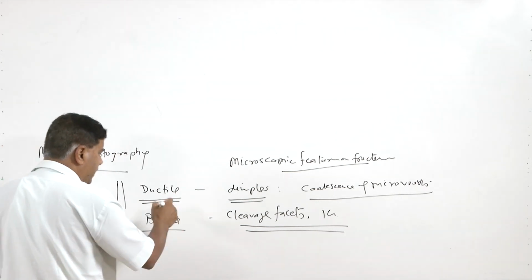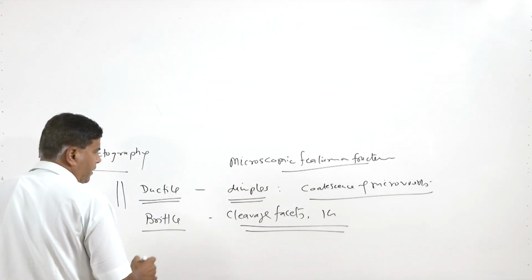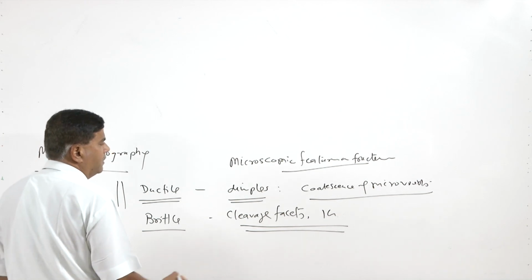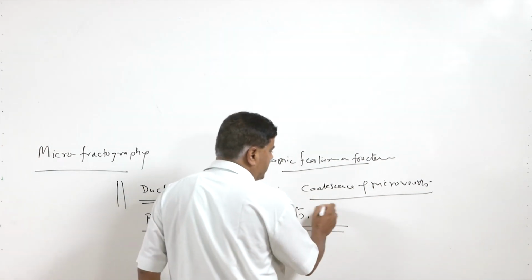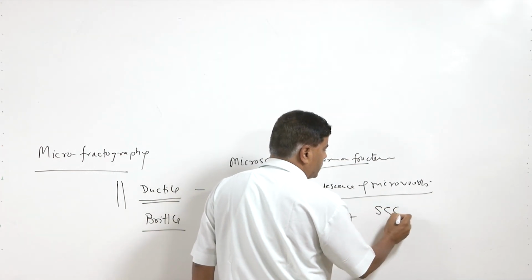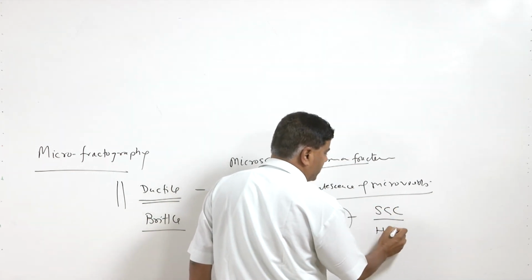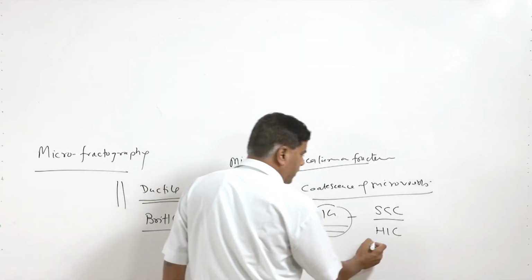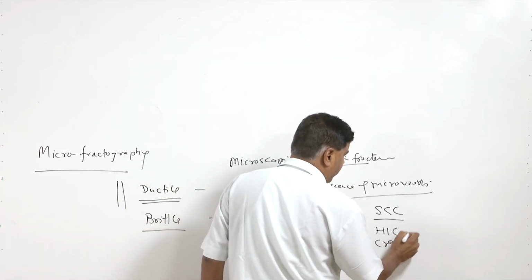Similarly, there are many other ways by which intergranular fracture can take place, like the involvement of stress corrosion cracking, hydrogen induced cracking, or creep fracture.